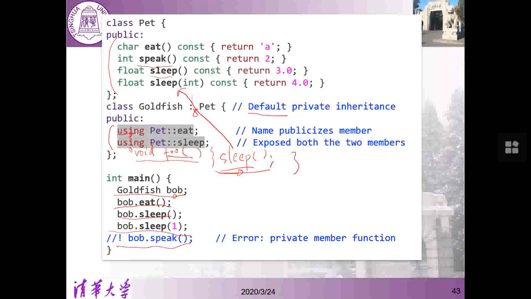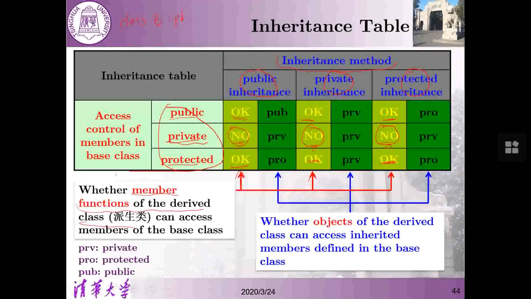So this means whether this object can directly access this base member. Just exactly this meaning. So this means from outside the class, accessing it by an object. Okay, so this is the meaning.